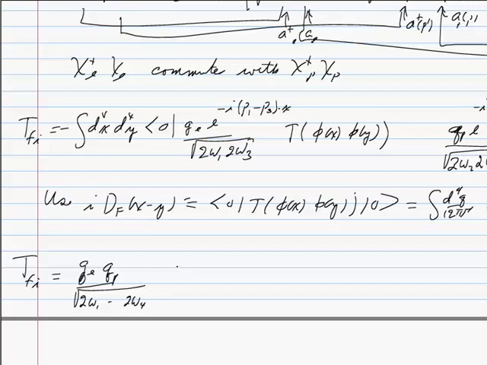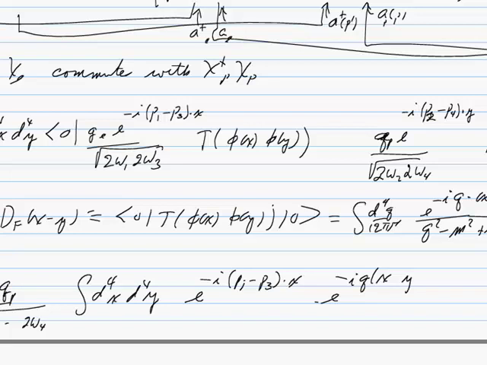Then I have to do integral d^4x d^4y e to the minus i (p1 minus p3) dot x, e to the minus i q dot (x minus y) over q squared minus m squared plus i epsilon, and there was an i there.